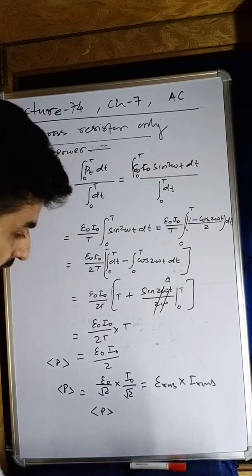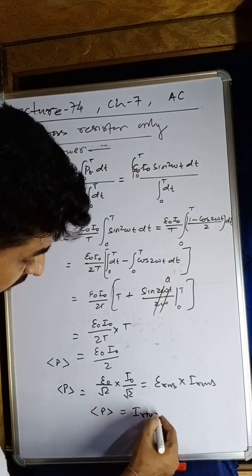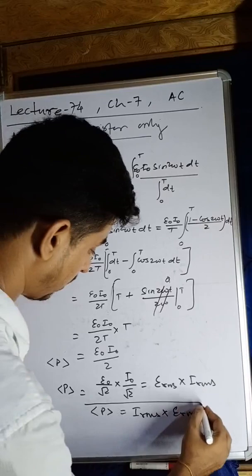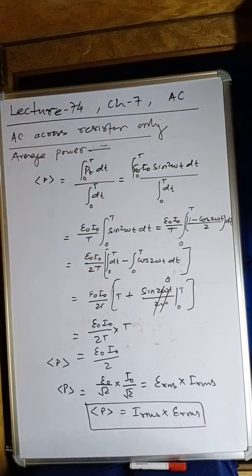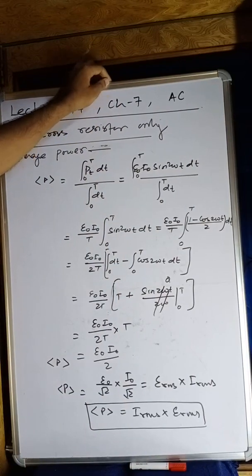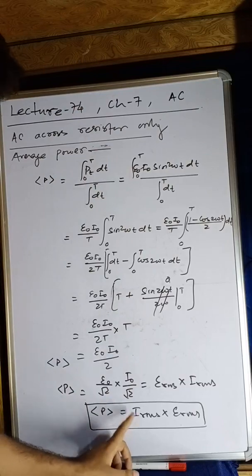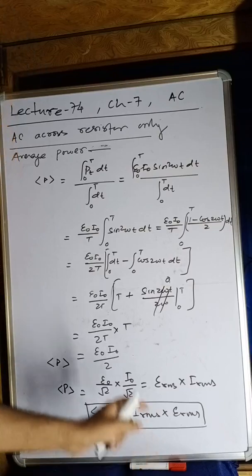So average power, my dear students, remember, it is I RMS into E RMS for a resistive circuit, the circuit in which there is a resistor only.